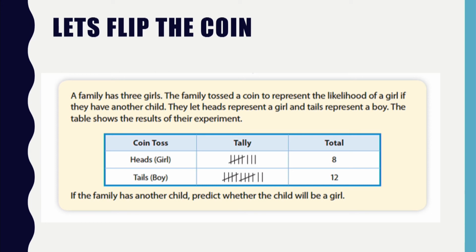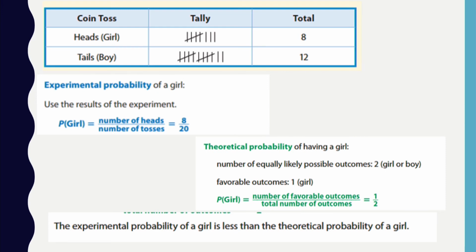So they've already conducted the experiment and they got 8 out of 20. So their experimental probability is 8 out of 20. But we know in theory, there's only 2 choices, a boy or a girl.